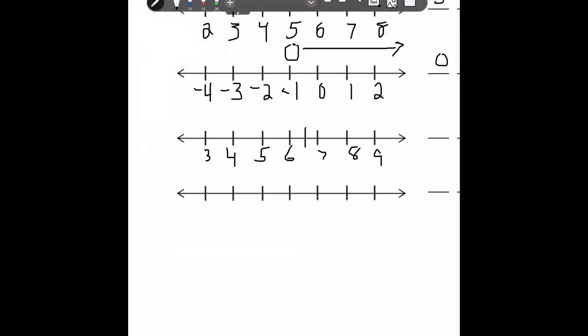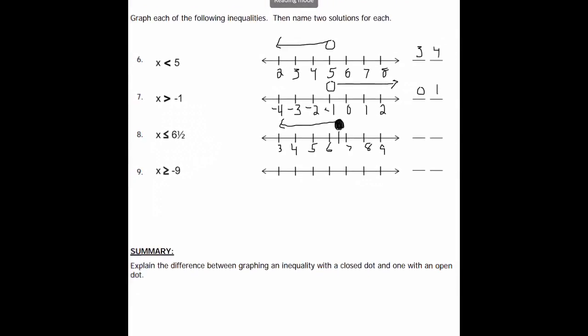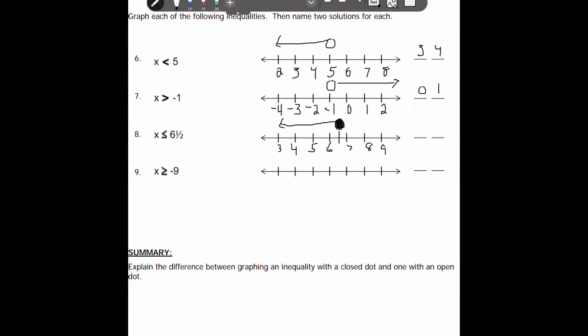And make sure my circle is directly above that line. Like so. Less than or equal to, so this circle has to be filled in. And we are drawing our ray or our arrow to the left. And two solutions to this inequality would be 5 and 6. Those are two integers that are to the left of 6.5.